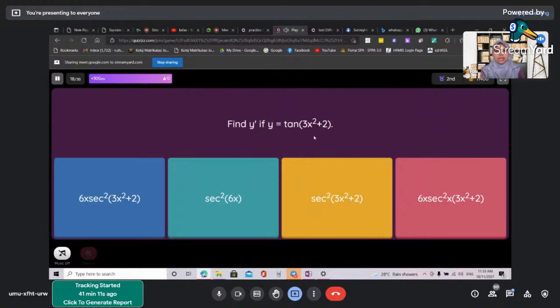Okay, now you have tangent and trigo. So differentiate tangent. What is the derivative of tangent? Secant square. So differentiate tangent, secant square, and then you need to copy down the angle.